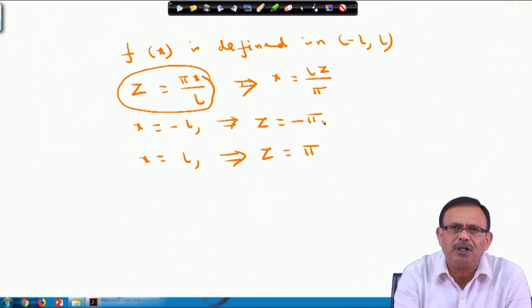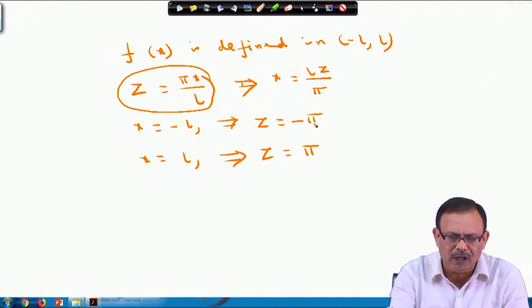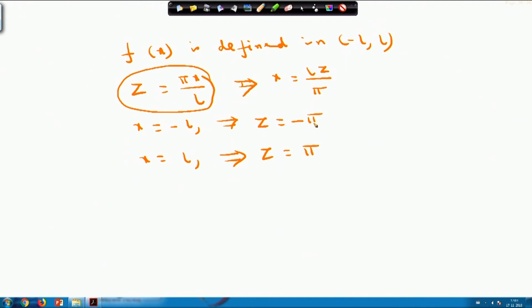Whenever I am substituting this z equals pi x by L, the limits also change from minus pi to pi, and I know the formulas for minus pi to pi already. So now I can say that I am creating a new function capital F(z), which I define as f of L z by pi.